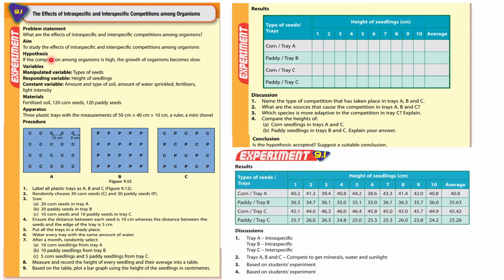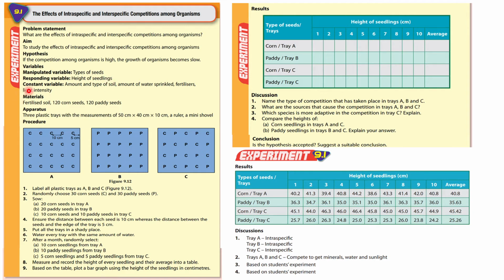The hypothesis is that if the competition among organisms is high, the growth of the organisms becomes slow. Okay, competition high, the growth is slow. The variables: we have different types of seeds, and we are looking at the responding variable of the height to represent the growth of the seedlings.